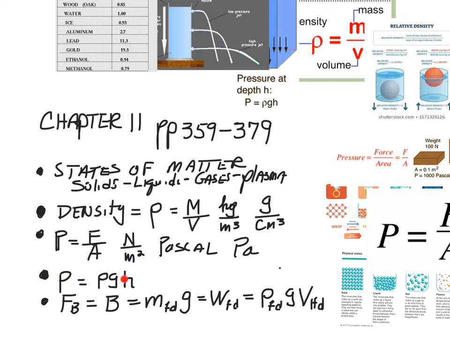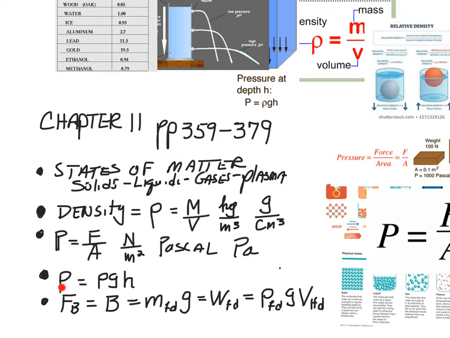Then we want to look at the pressure due to fluids and how that varies when we have fluids in a container or under different circumstances. And this is the equation for that. The pressure in a fluid depends primarily on the height. Well, it also depends on g, but if we're on the surface of the Earth, that doesn't vary. That's a constant, 9.8. And it depends on the density of the fluid.